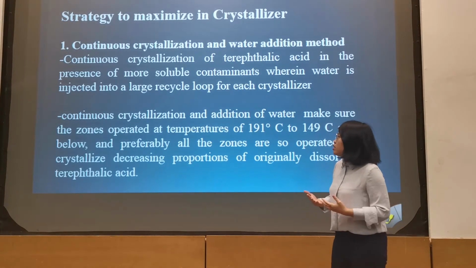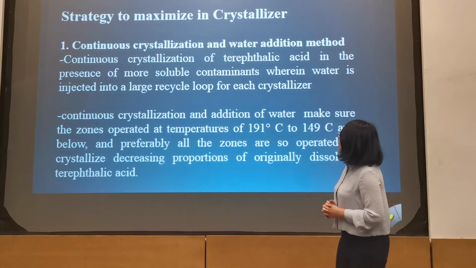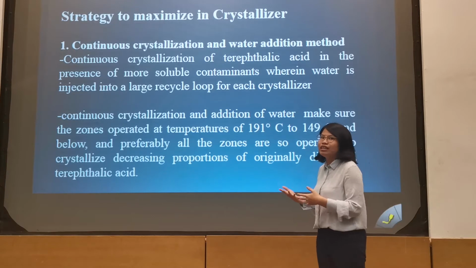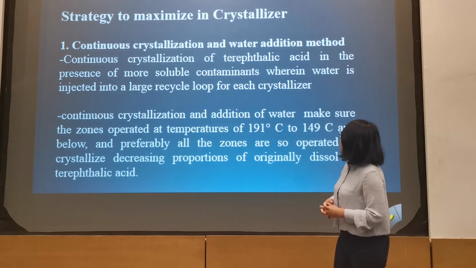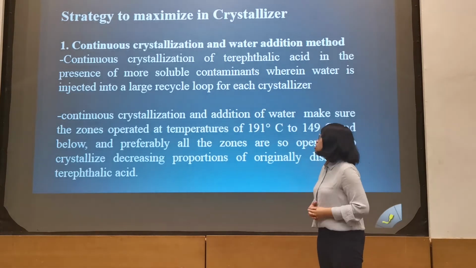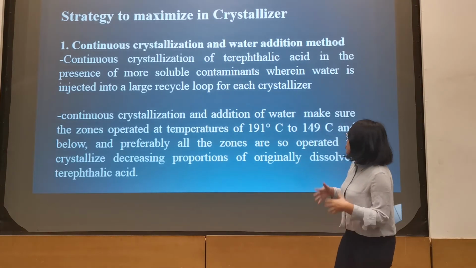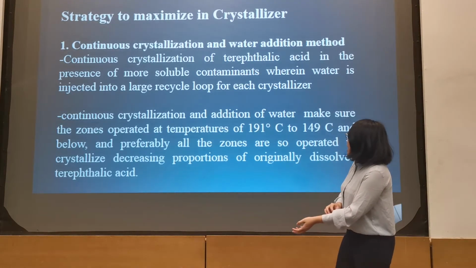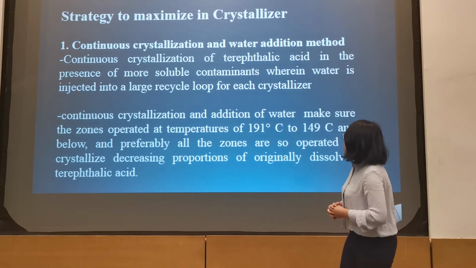The continuous crystallization and addition of water make sure the dome operates at a temperature of 191 to 149 degrees, even below this range. If the operator operates at such temperature range, this can decrease the proportion of originating dissolved TA.